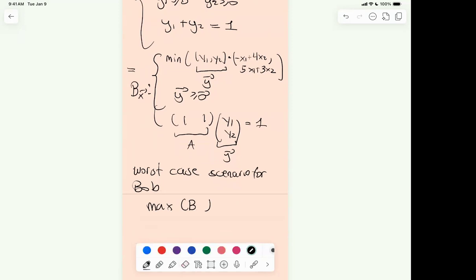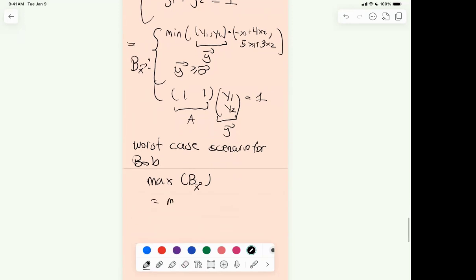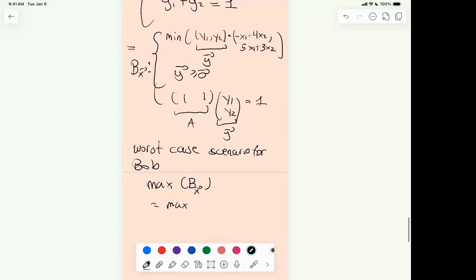This is not a multiplication, this is an indexing, but this is a max. What is bx? It comes from this function, which is a min between y and M transpose dot x. If you work it out, it ends up becoming this.